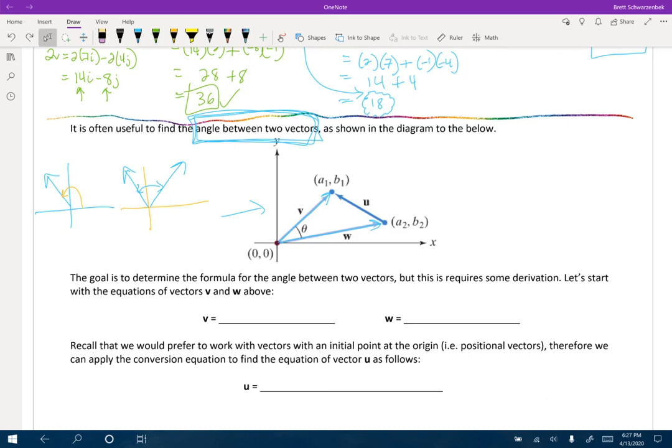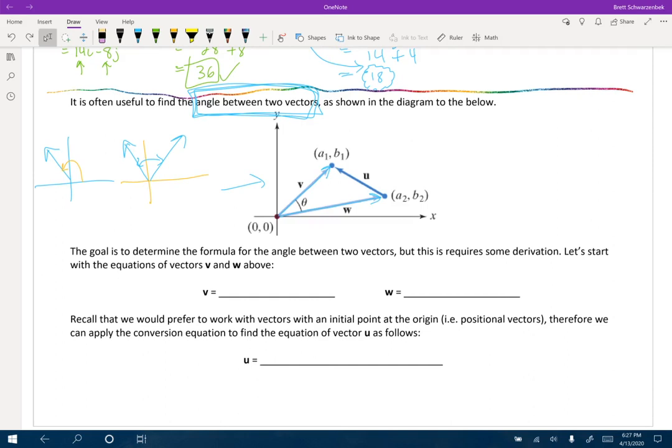So if you look at this picture as we see it right now, we basically want to find the formula for the three vectors that are in the diagram. Okay, so let's talk about that. So look at vector v. So I'm going to outline it again. So vector v is here.